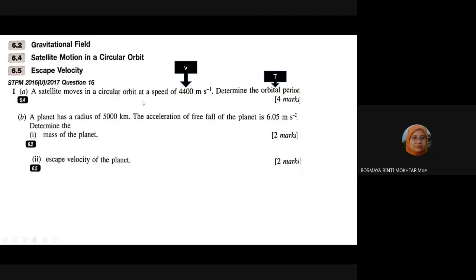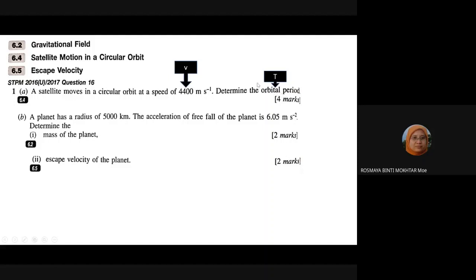Using the v and T, what formula is to be used to determine the orbital period? For orbital period, you use circular motion.